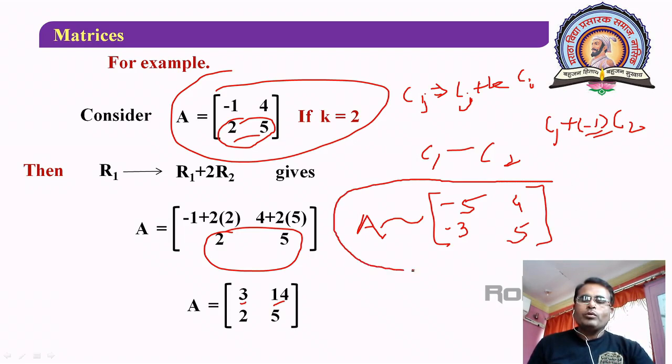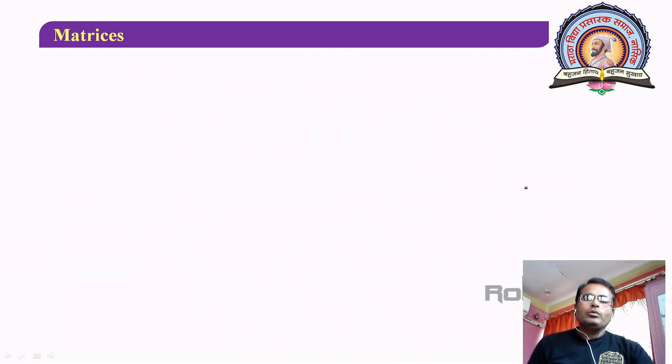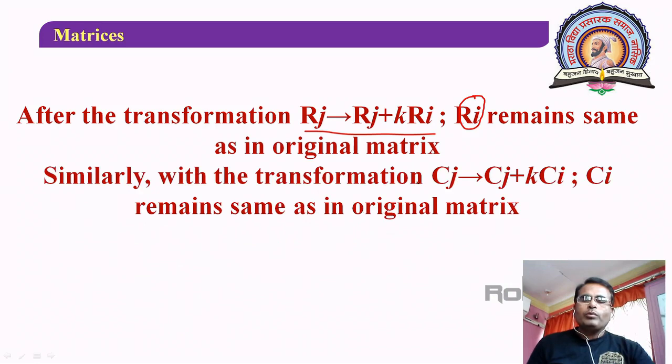This way you can perform similar types of transformation in the case of columns also. Now, the key points to remember: whenever you consider Rj changes to Rj plus k Ri, Ri remains as it is like the original matrix. Similarly, when you perform Cj changes to Cj plus k Ci, Ci remains as it is.